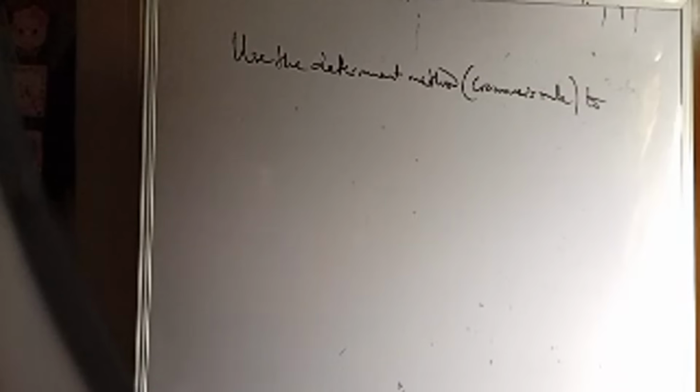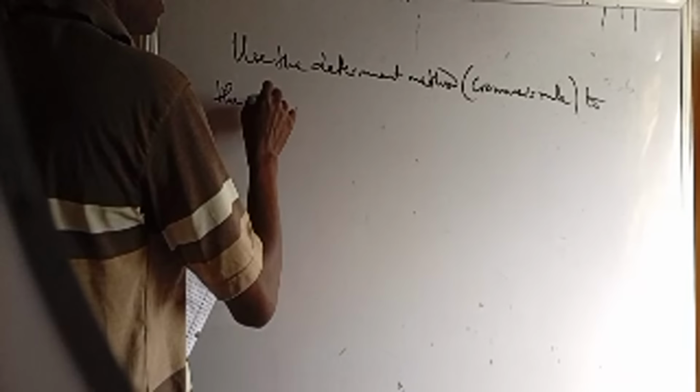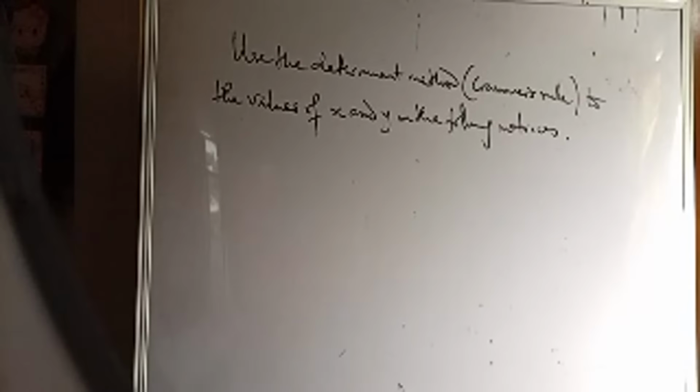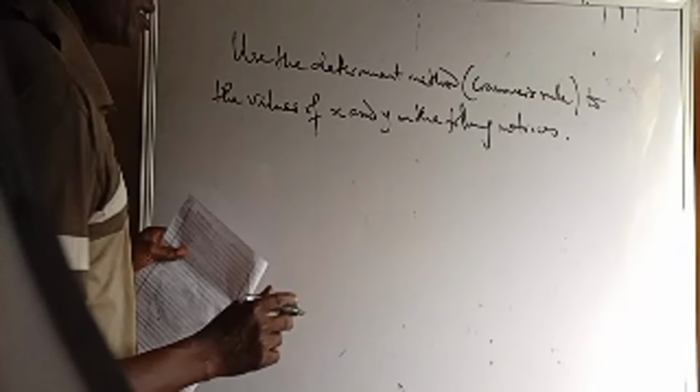We want to use Cramer's rule to find the values of x and y in the following system of equations, not matrices really, because it's not yet a matrix.